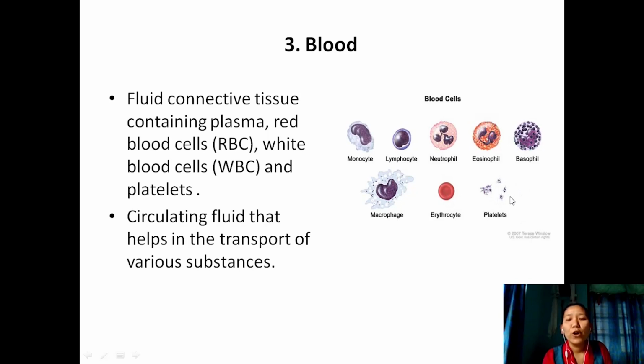Platelets help in the formation of blood clots when there is a cut in the body, helping to stop the bleeding so that we will not lose blood. Blood is a circulating fluid that helps in the transport of various substances. So blood is a fluid connective tissue.